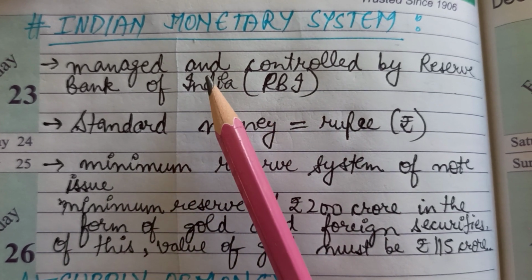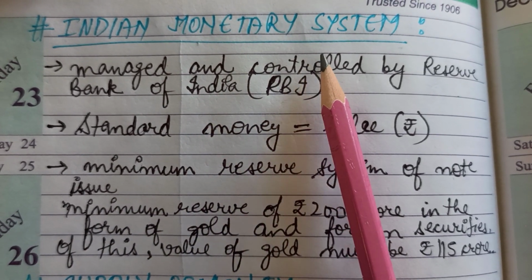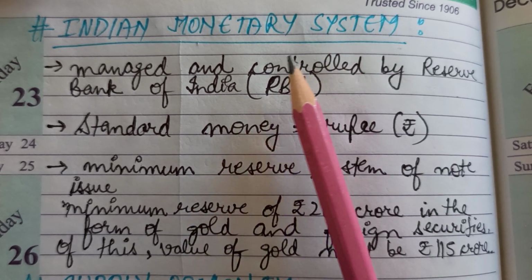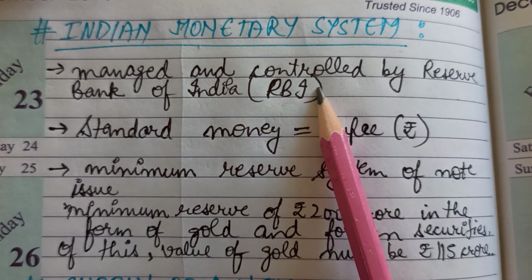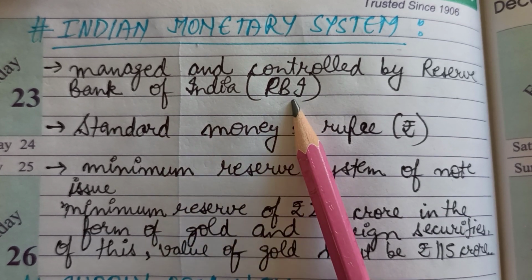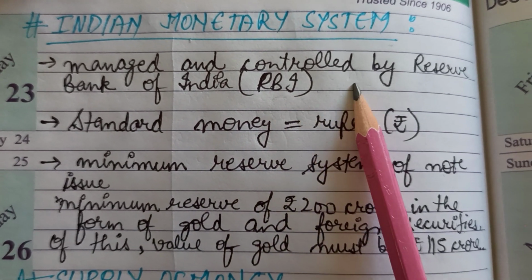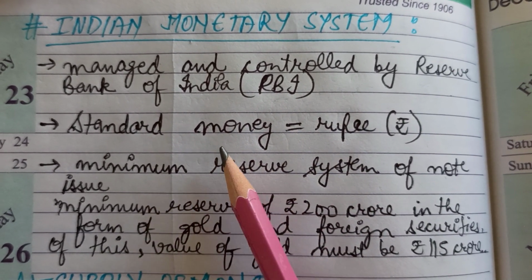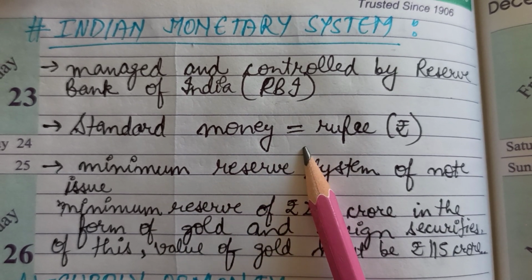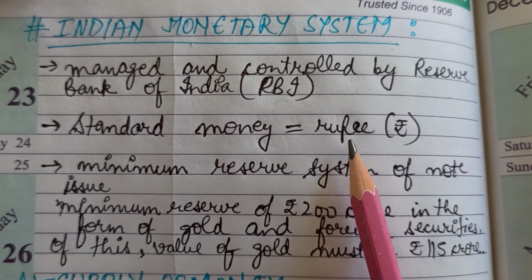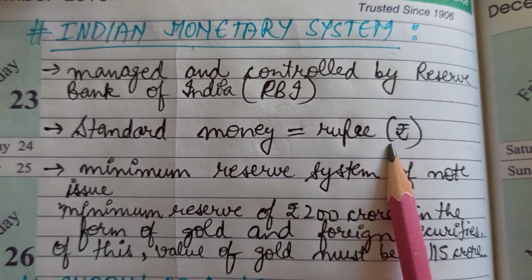Therefore, all the monetary system, the money or the notes, is managed and controlled by the Reserve Bank of India, or the central bank of any country. Next, the standard form of money used in India is the rupee. As we know, the currency of India is rupees.